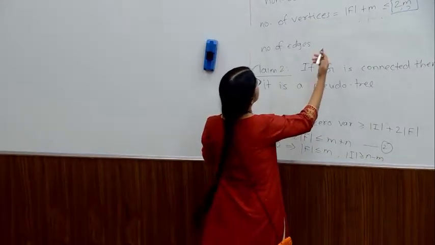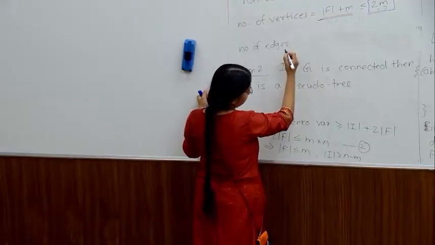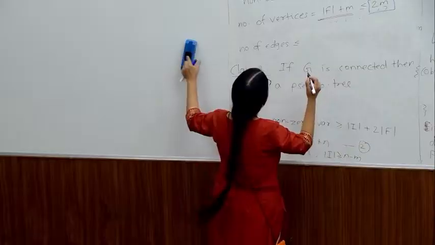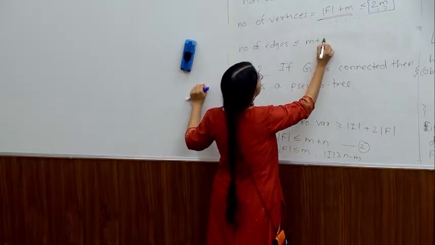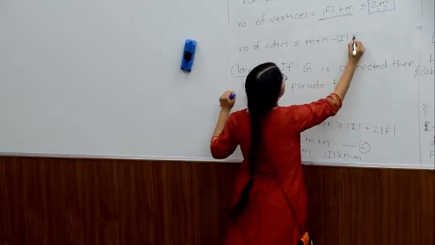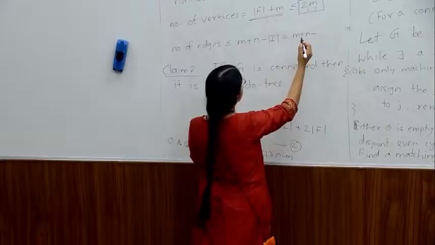Okay, so the number of vertices is mod f plus m. The number of edges is m plus n minus mod I, which is m plus n. Now I itself is n minus mod f.